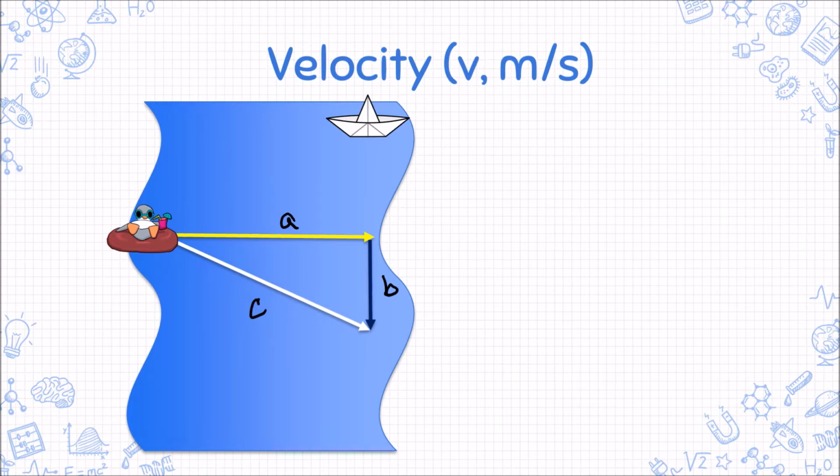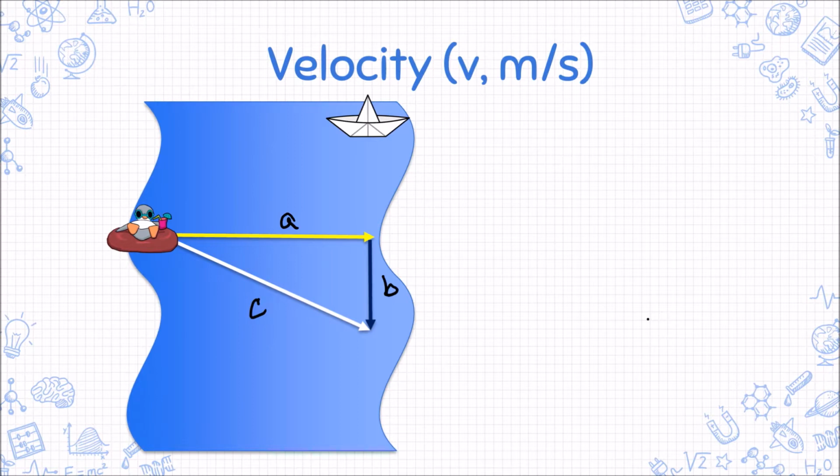And then we could calculate that. And remember, how far he goes downstream does not depend on how far he goes diagonally, or how fast he's moving diagonally. It only depends on how fast he's moving downstream.